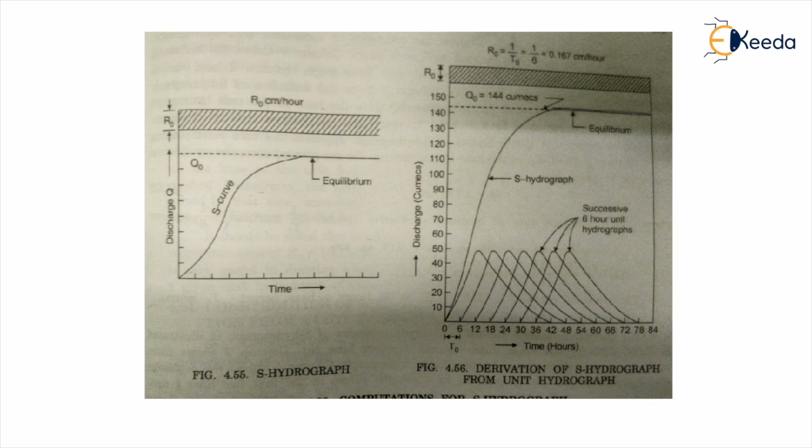So the 6R unit hydrographs will be plotted and then added afterwards. After adding, the S-curve hydrograph coordinate values will be taken out.